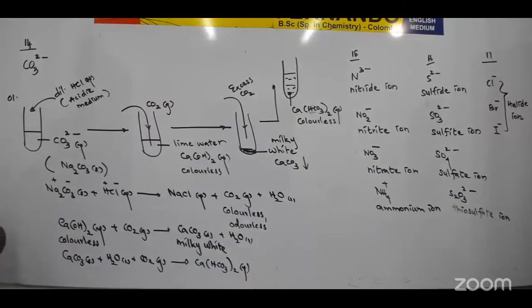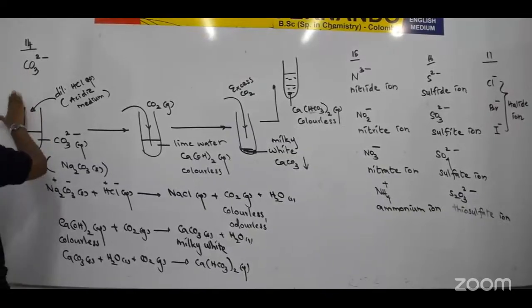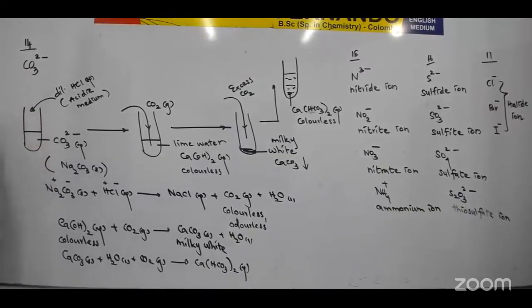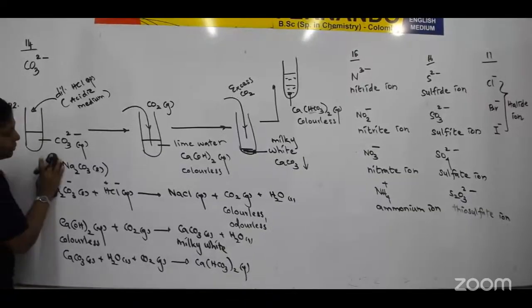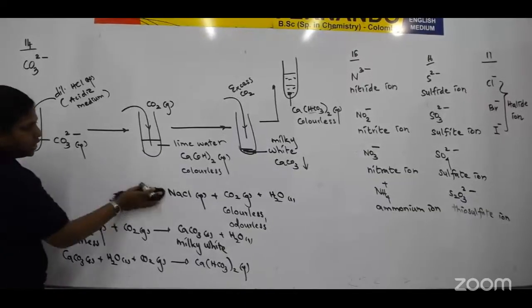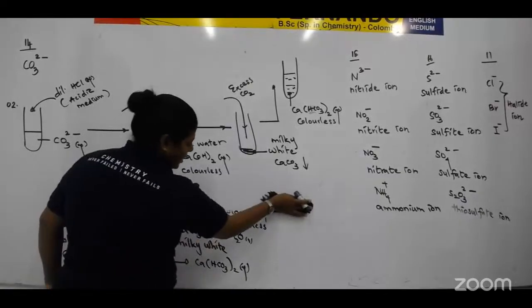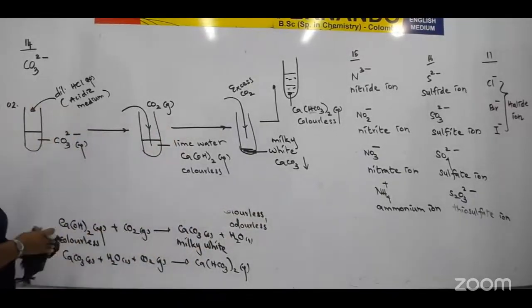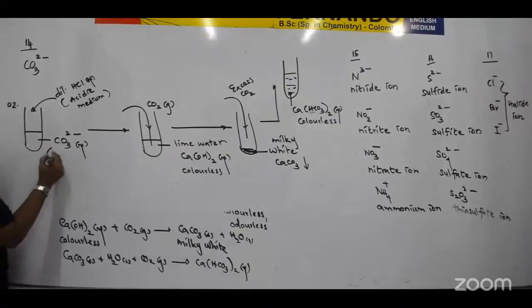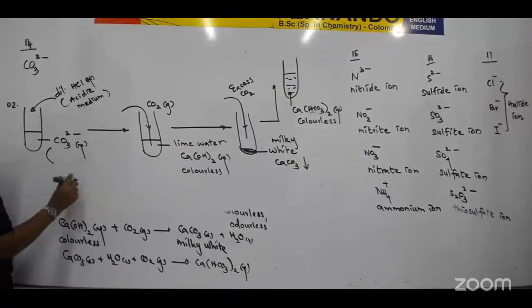For this, you need to take lithium carbonate from the first group, because from the first group, only lithium carbonate decomposes to oxide and carbon dioxide. Or you can take any carbonate in the second group.